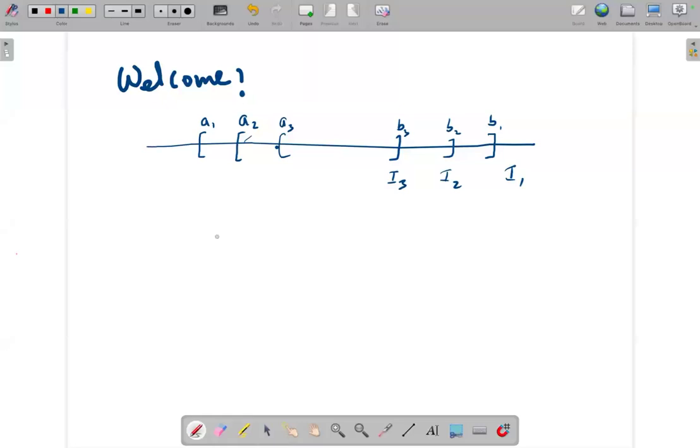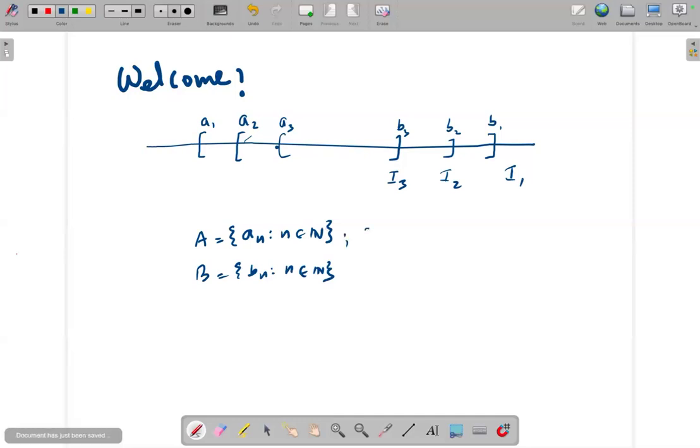You can observe that if I consider A to be the collection of these a_n's and B to be the collection of the b_n's, then this set of a_n's is bounded above by the b_n's. Each b_n is actually an upper bound. So it has a supremum.